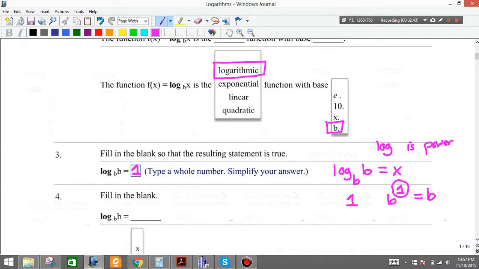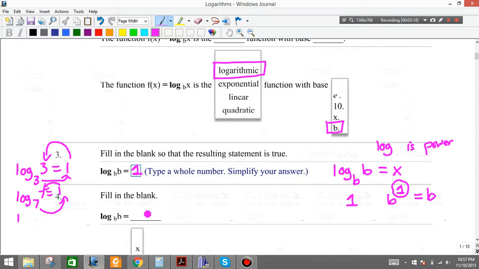So if I had log base 3 of 3, that is 1, because 3 to the first power is equal to 3.